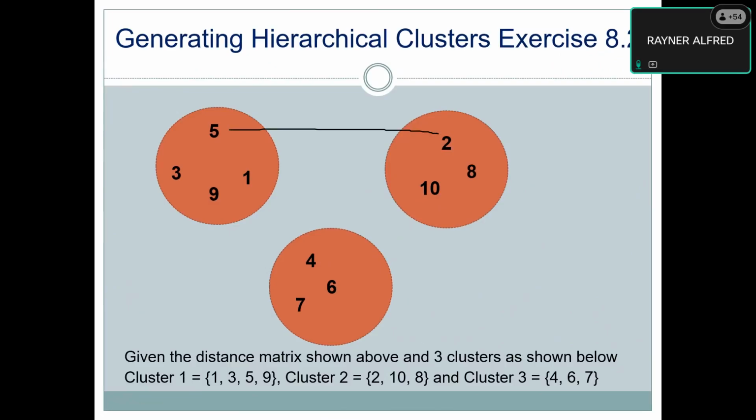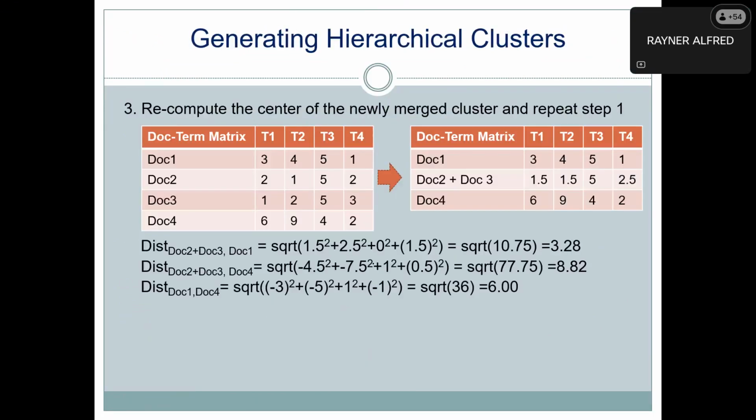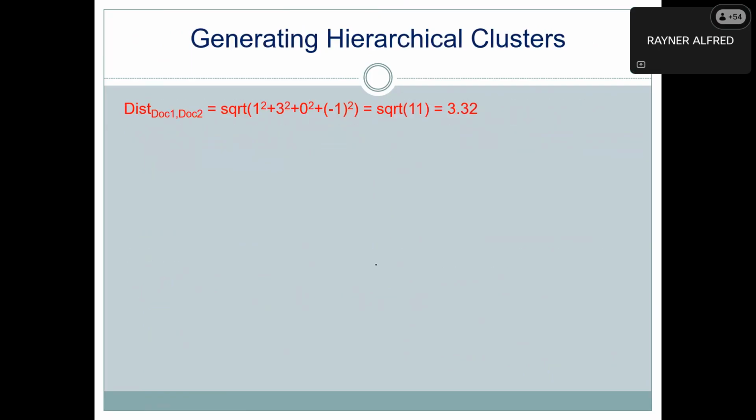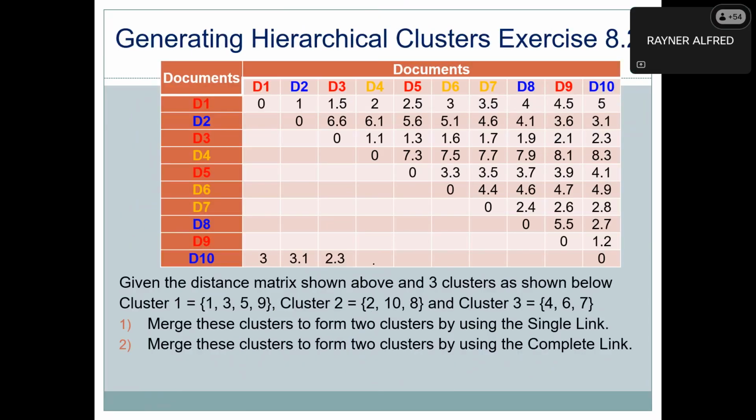What is the distance? So 5 and 2 will be 5.6.